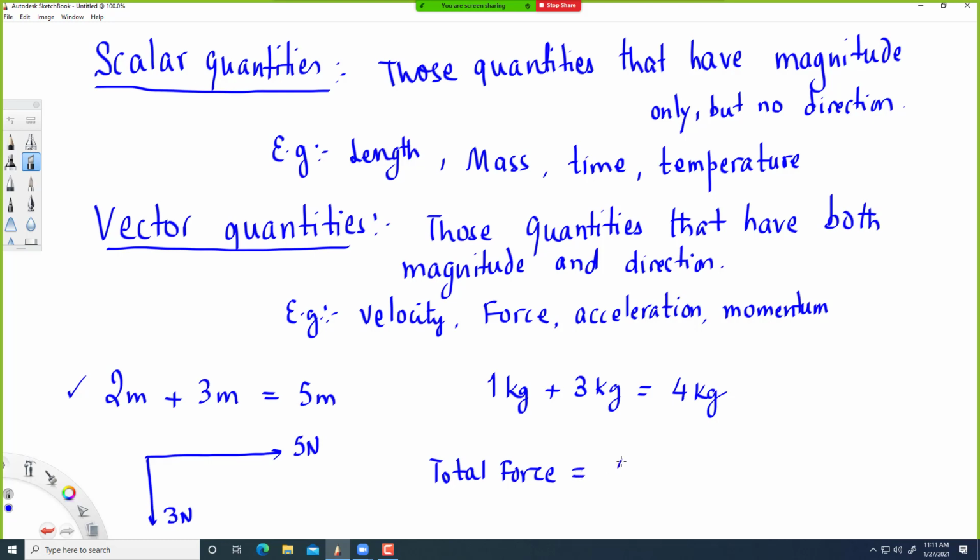It's not 5 Newton plus 3 Newton. That's not correct. We'll need to use a different kind of math here, so we'll need to learn vector addition for that. We'll talk more about that in the next chapter, I should say, when we talk about force.